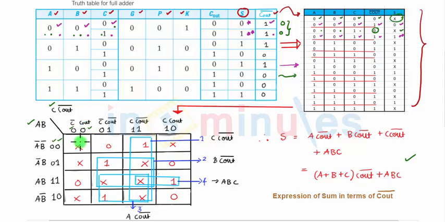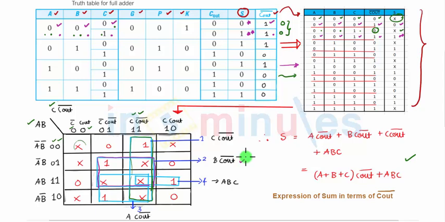I have filled in the respective values, and now I find the min terms, and it's very straightforward. The first one, the one I am encircling with green, is nothing but Cin Cout bar, because all 4 of them have this in common. The next one is this square which I'm drawing with a striped tinge of pink. If you look at it properly, it has B Cout bar in common.